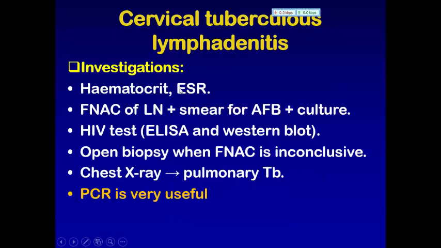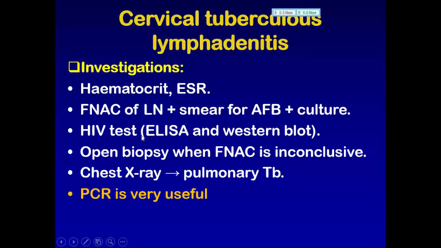The required investigations, like any investigation for TB: hematocrit and ESR, usually there is a raised, high ESR; fine needle aspiration cytology of the lymph node; and smear for acid-fast bacilli from the tonsil, and culture. Also smear from the discharging sinus and culture.